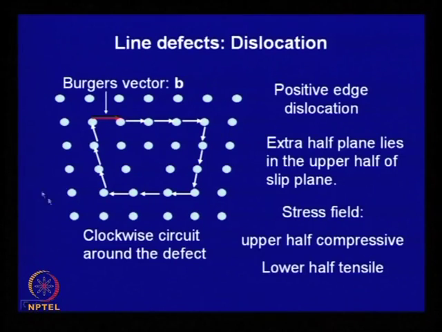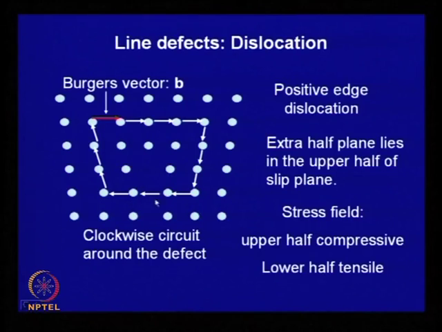Now, but look at it overall. What do you have? You have a missing plane here. In that case, the lattice will be a little distorted, something like this. This distortion actually represents a kind of stress field. It is an indication of a stress field.